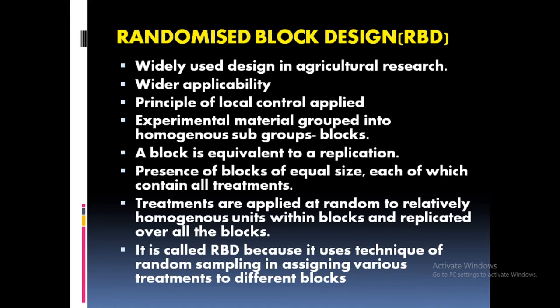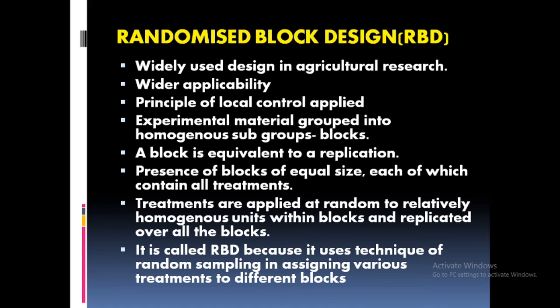In that, in the block, a large heterogeneous group is divided into a number of small groups, homogeneous groups of equal size, to which we give the treatment. So local control is applied here. This is a very advanced technique. Treatments are applied at random to the homogeneous groups within the blocks and replicated over the blocks.